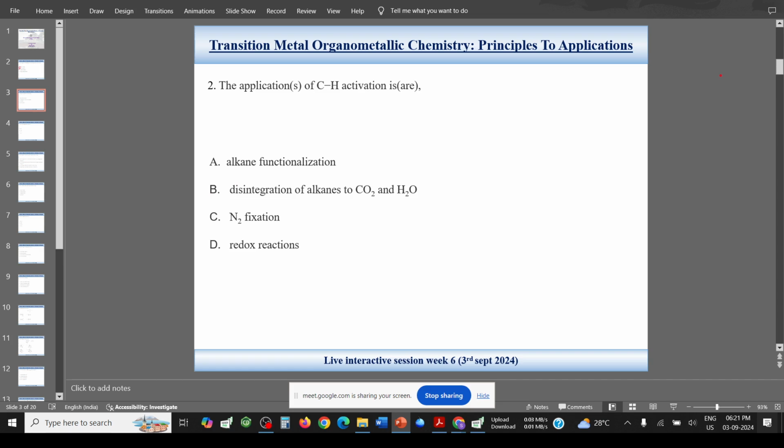The next question is: the application of CH activation is? This is a very common question. I have also discussed this question in, I think, the last series. What will be the correct answer? Alkane functionalization, sir. Yes. So here only one option is correct.